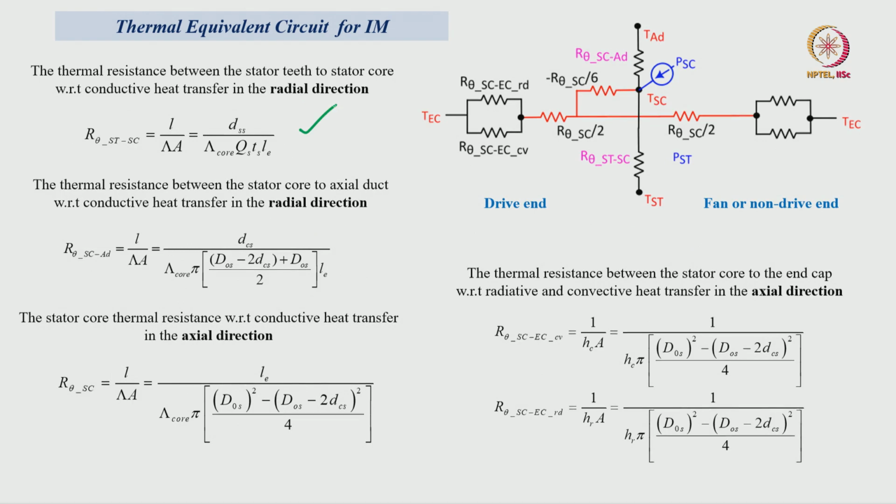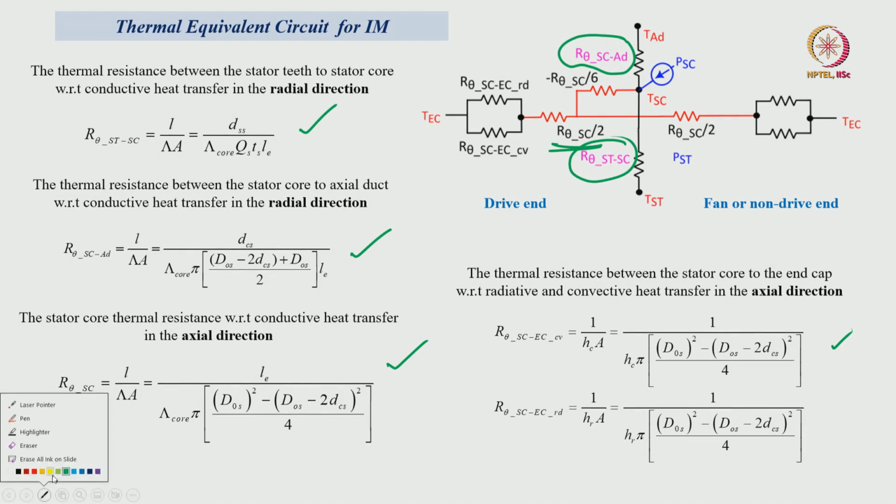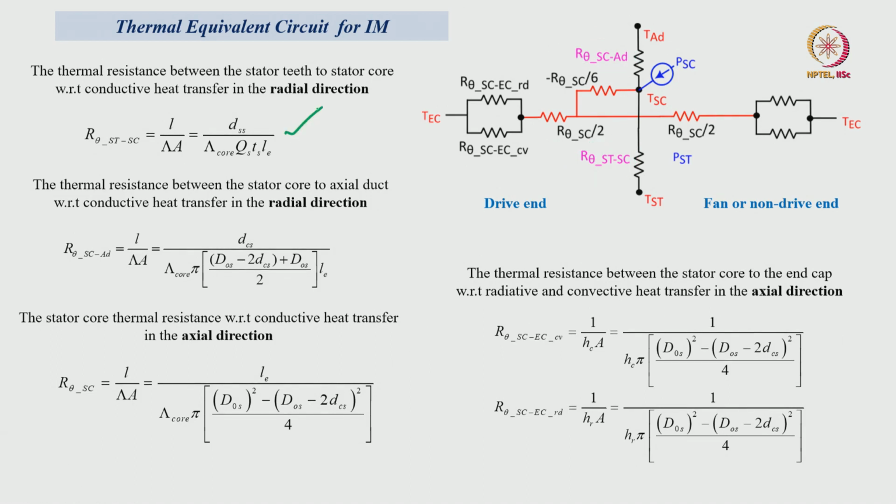Then the resistance between the stator teeth and stator core, and stator core to axial duct, and the stator core axial direction thermal resistance, that is this one, and stator core to axial duct in the radial direction, these two. So, the first term, stator teeth to stator core, is this term in the radial direction.